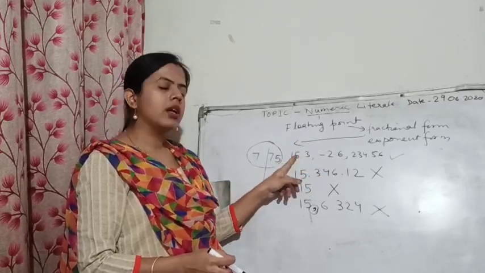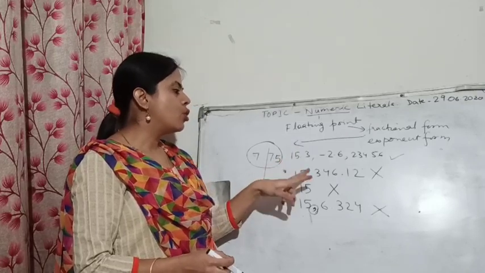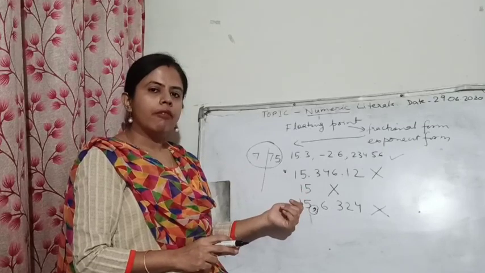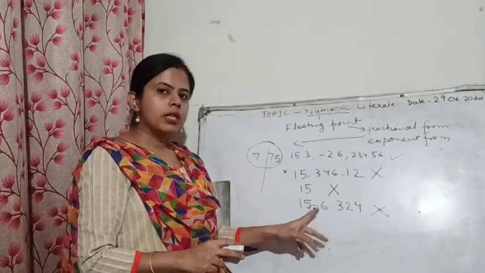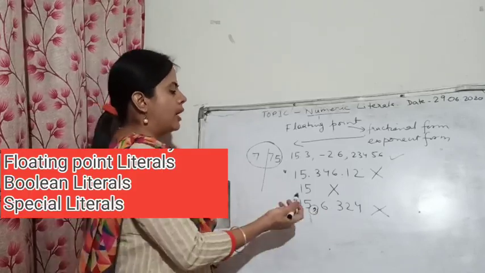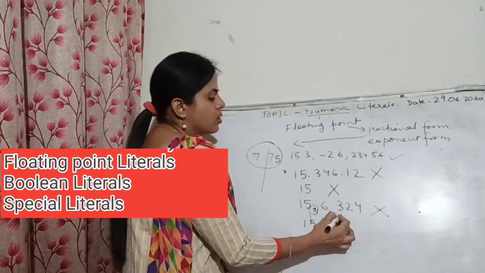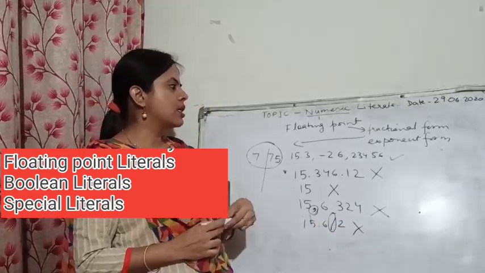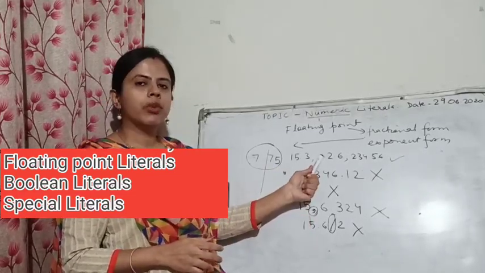It should have a fractional, decimal part, but two decimal points are not allowed. A single number cannot be a floating point literal because there is no decimal point. Comma is also not allowed. If 15.6 by 2 is given, this is also not allowed; the division sign is also not allowed. So these are illegal floating point literals, and the others are legal floating point literals.